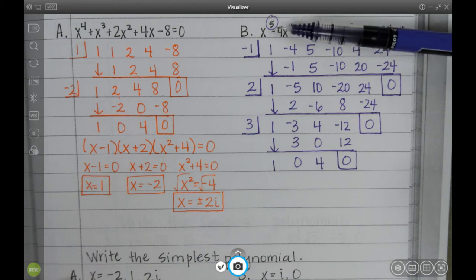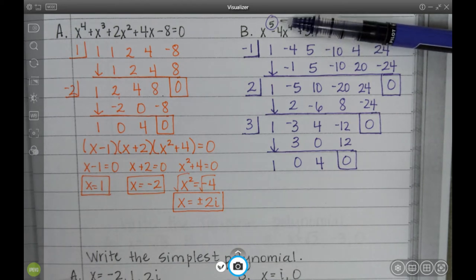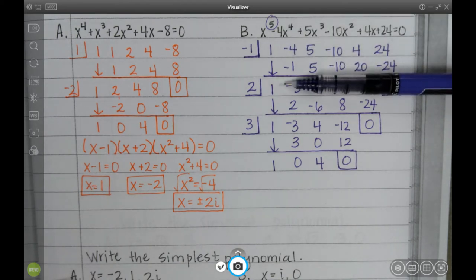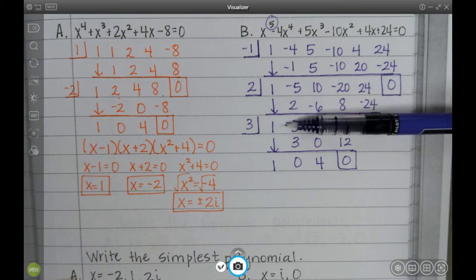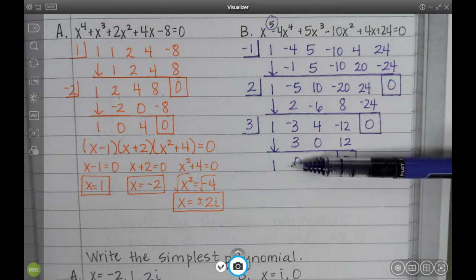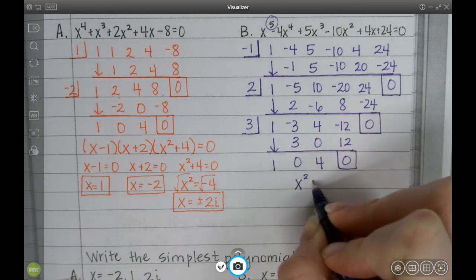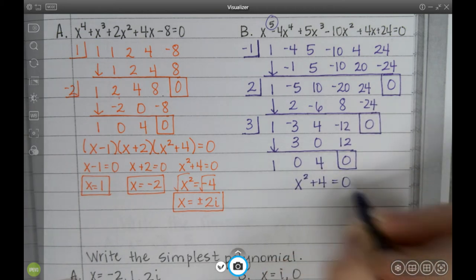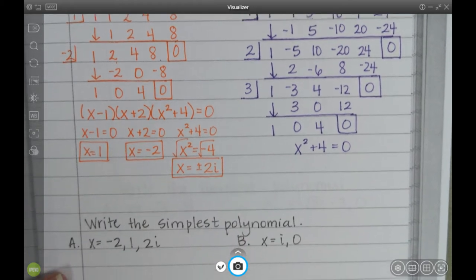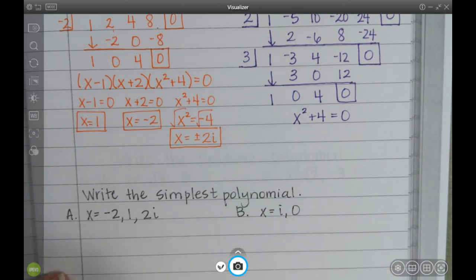Okay, so I took an x to the 5th, I divided it and got an x to the 4th, divided it again to get x cubed, divided it again, and now I have an x squared, right? So this is really x squared plus 4 equals 0. How do I solve that?